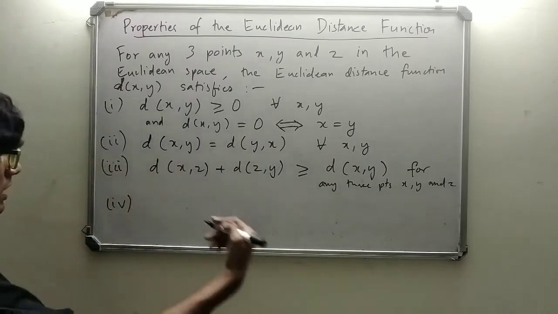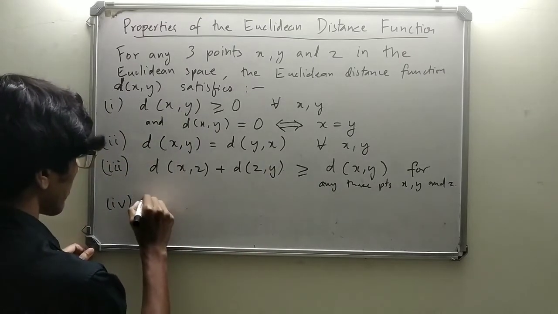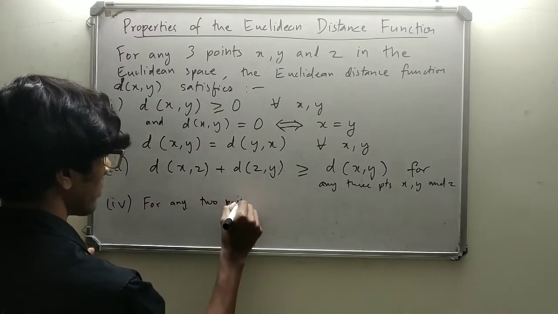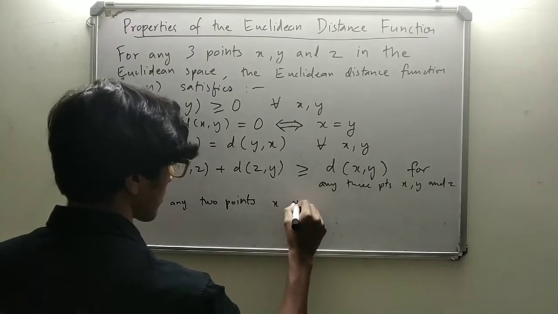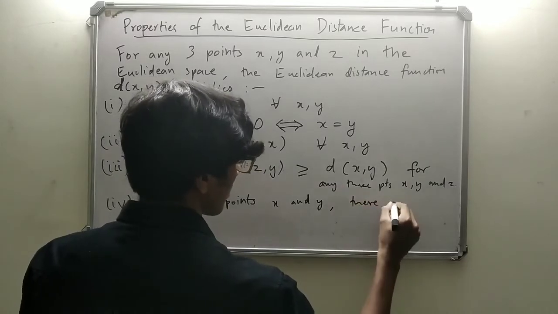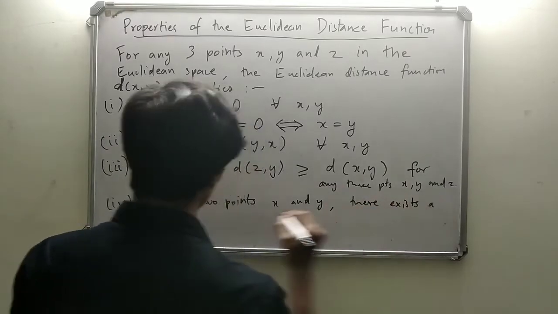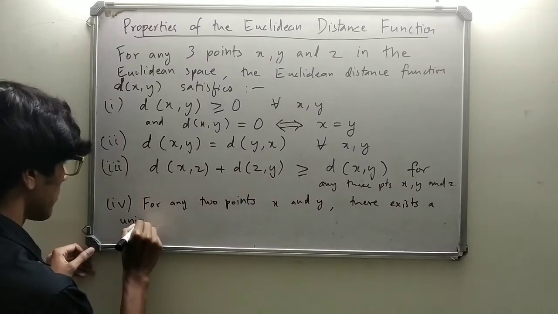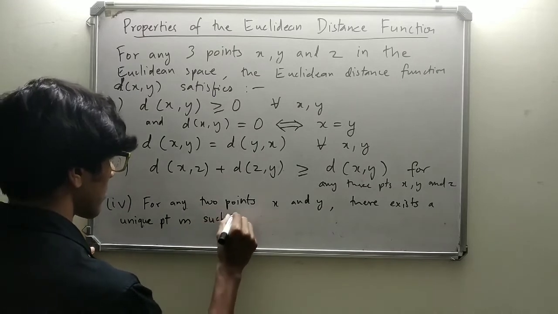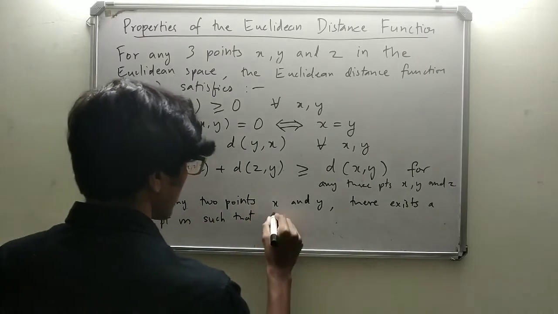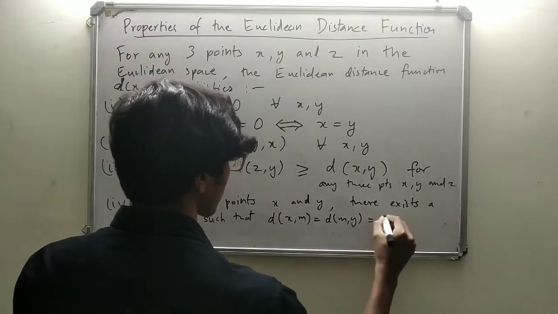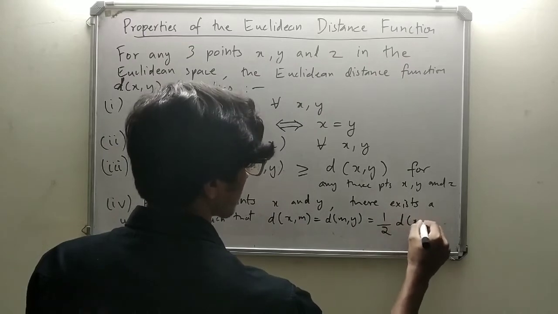So that property is, for any 2 points x and y in the Euclidean space, there exists a unique point M such that d of xm equals d of my equals half of d of xy.